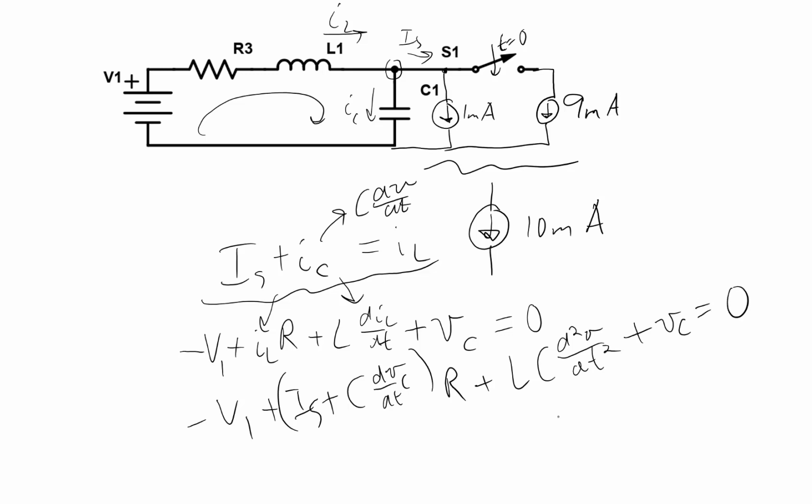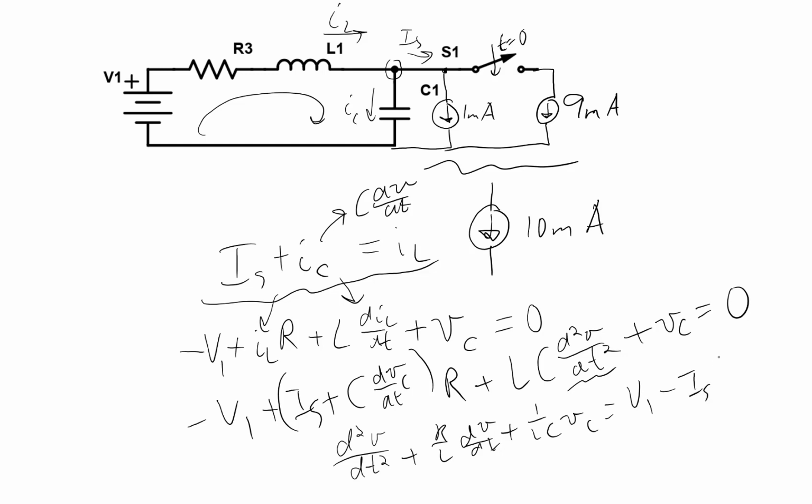If you choose to use the same conventions we've been doing in the class, which is to say that we want no coefficient on the second derivative term, and you move V1 to the other side, and since IS doesn't depend on Vc, we can move it to the other side as well, you'll wind up with the following second order differential equation. d squared V/dt squared plus R over L dV/dt plus 1 over LC Vc is equal to V1 minus IS times R.